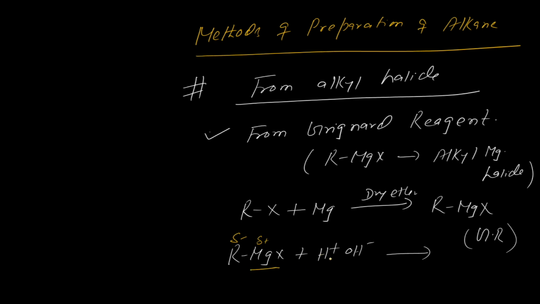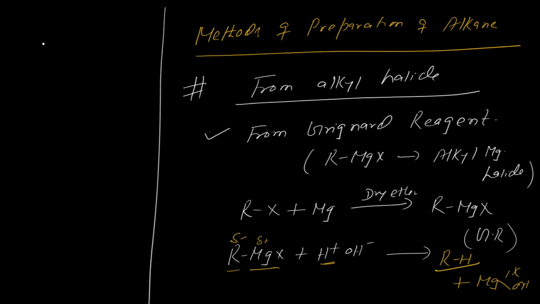So the positive will get attached with the negative, and the negative will get attached with the positive. So R minus will get attached with the H plus, so it will give you RH, that's the alkane, plus MgXOH as a byproduct. RH is your alkane.